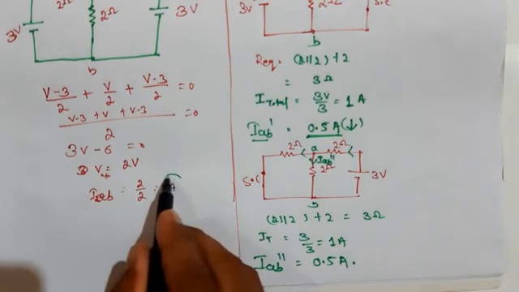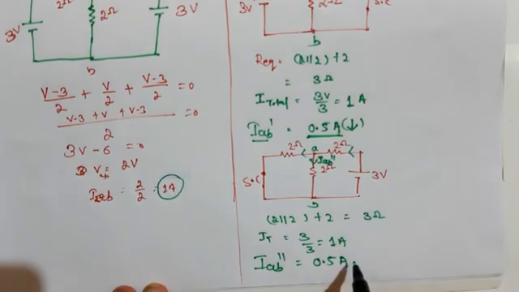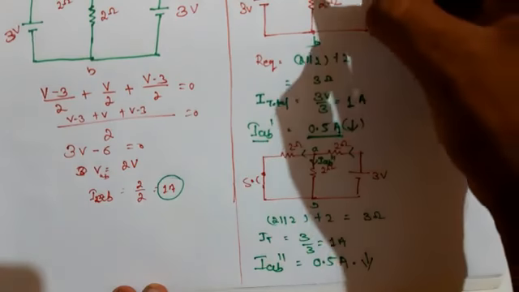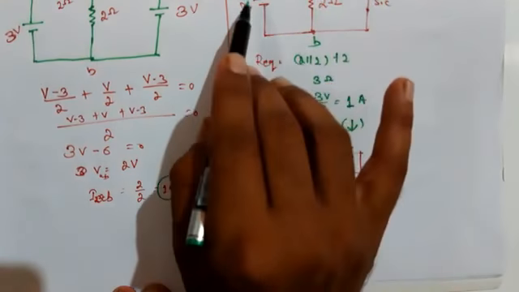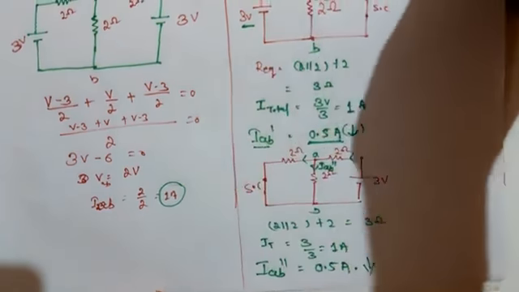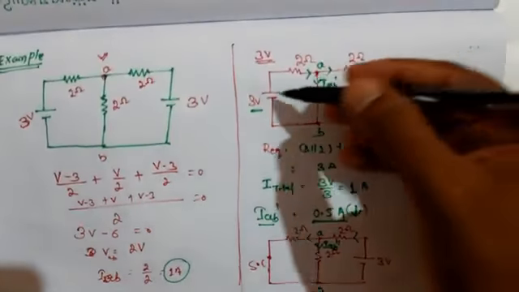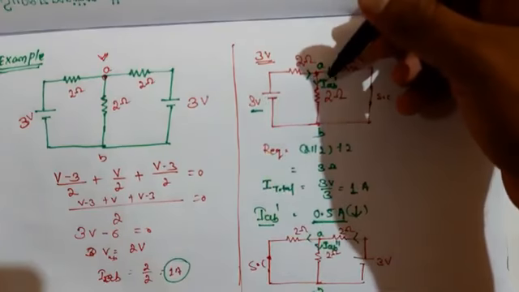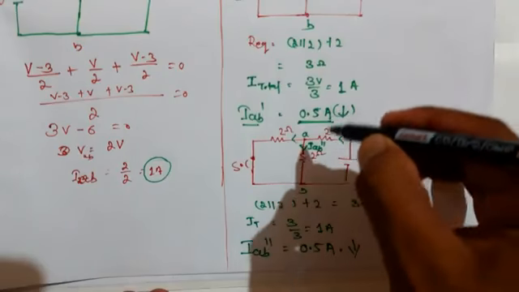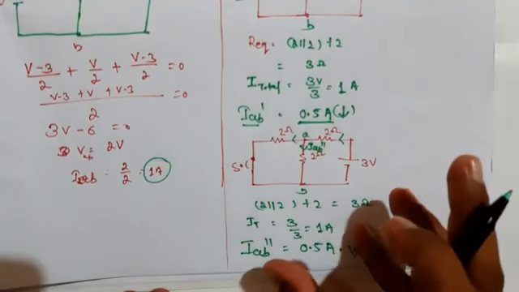When you consider the first 3 volt, the current flows in the downward direction, and when you consider the second voltage, the current is also downward, so the polarity is the same.